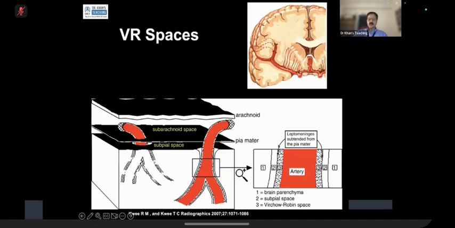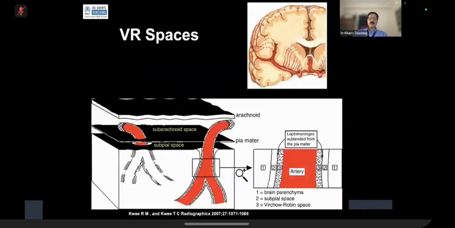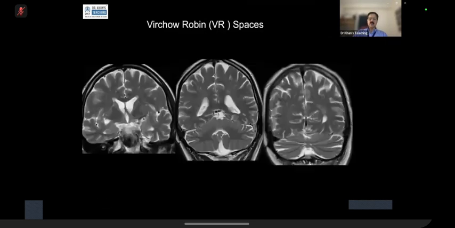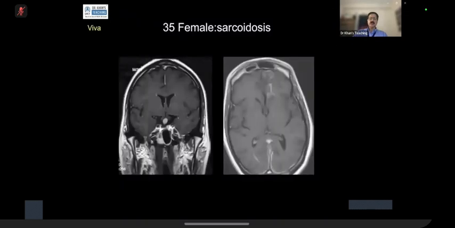So the inflammation can go inside the parenchyma. This is how it will travel into the parenchyma. Radiologically speaking, you will pick up an intraparenchymal lesion in the brain as well as in the spine, but there will usually be a connection with the leptomeninges.